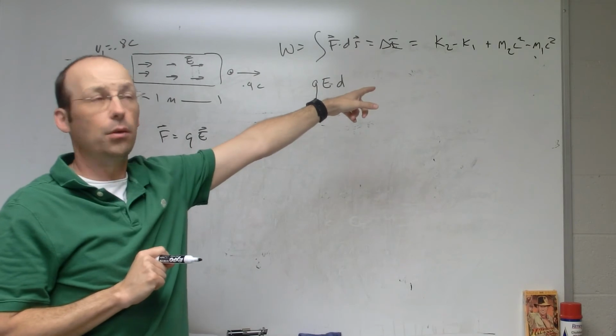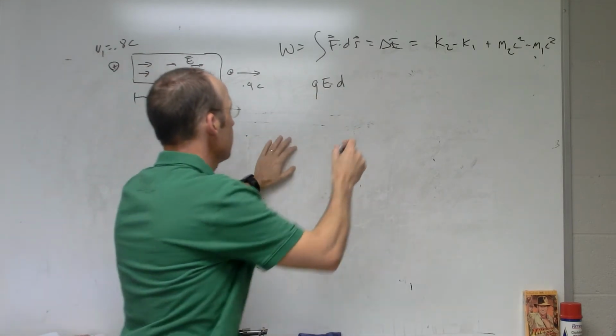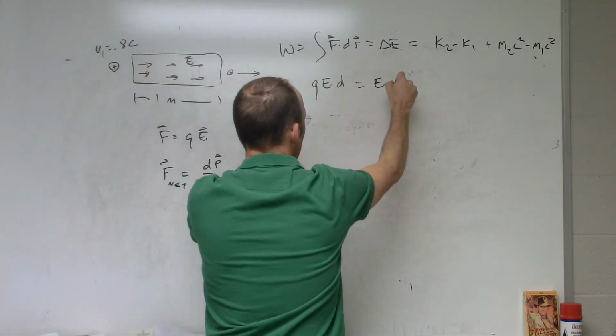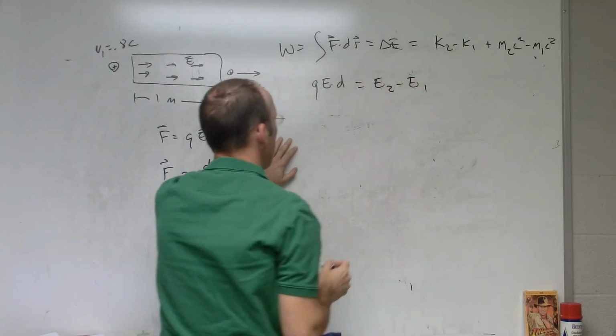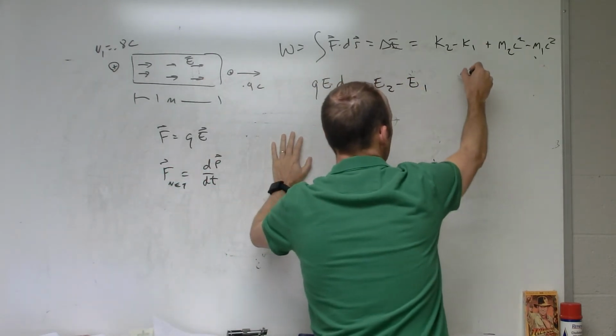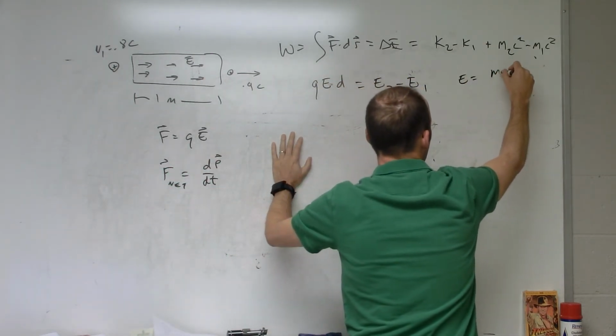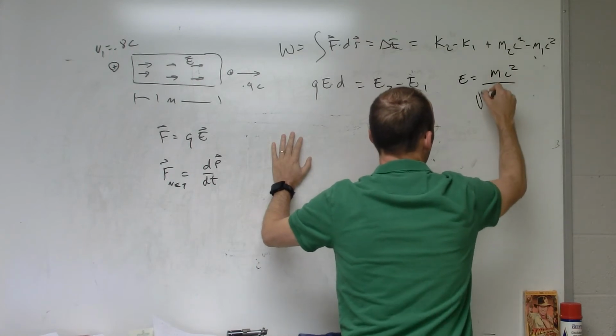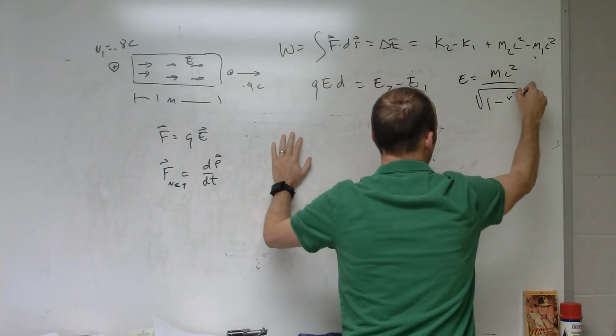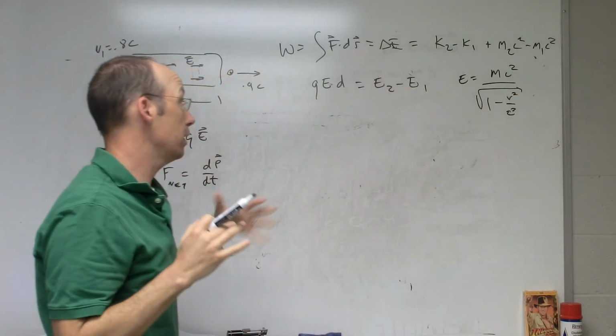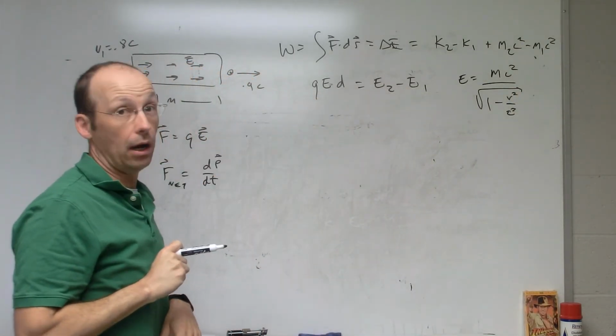Instead, we should just deal with it as the total energy. So we'll just say E2 minus E1, where E in general is mc squared over the square root of 1 minus v squared over c squared. So that's my energy. So now I can just do the change in energy that way.